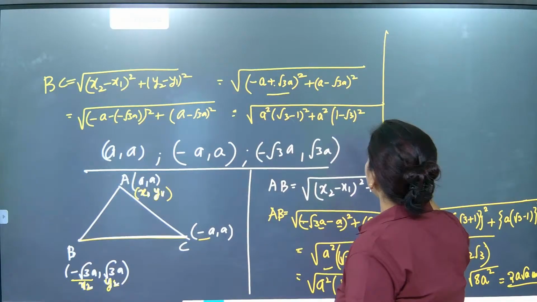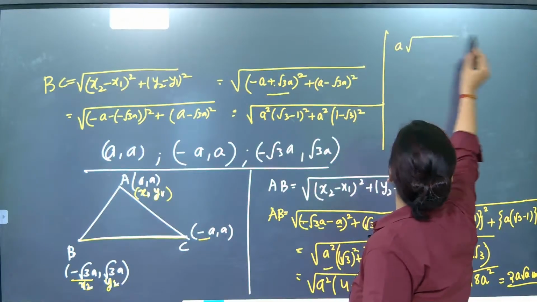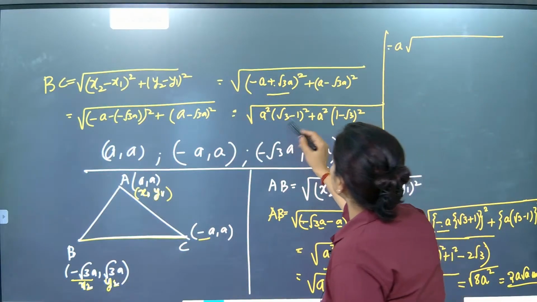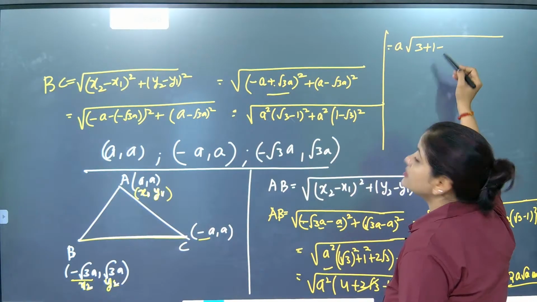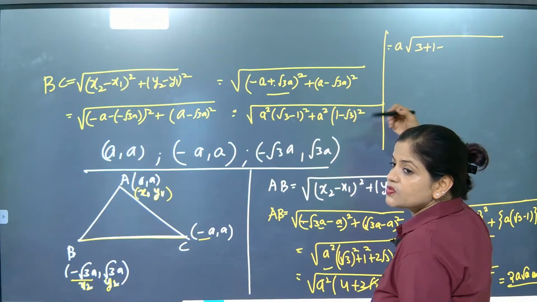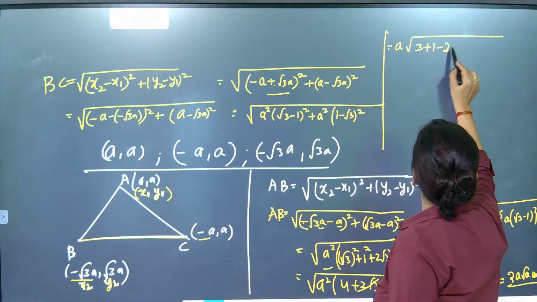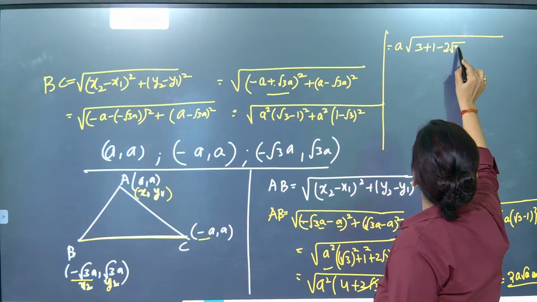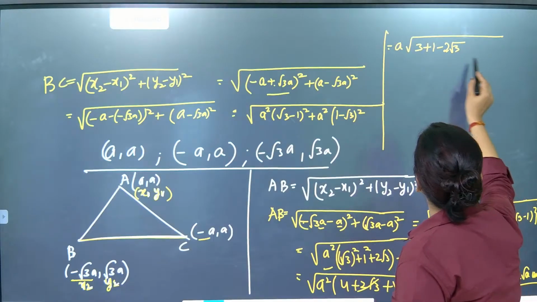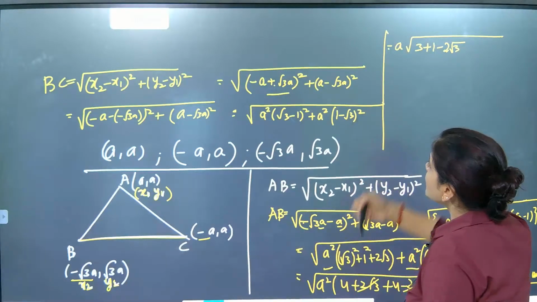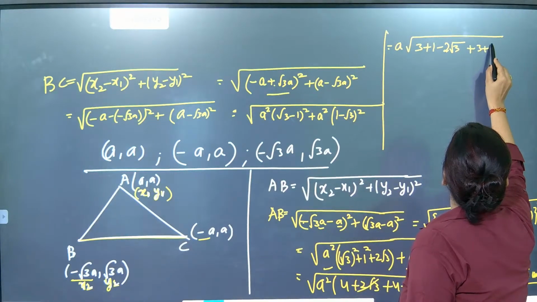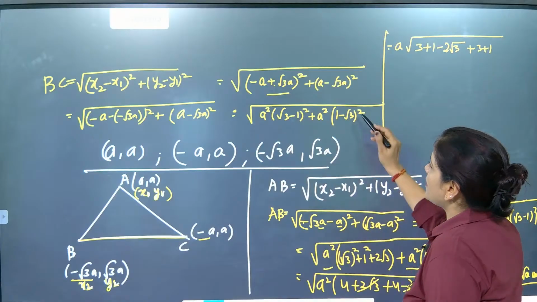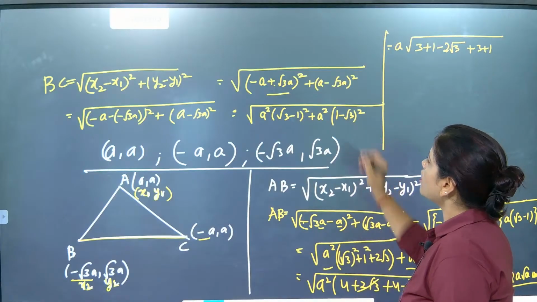So once you have done that, a will come out, and it is coming as root 3 minus 1 whole square, which will become 3 plus 1 minus 2 into root 3. Again here, same thing. So it will be 1 plus 2 root 3.